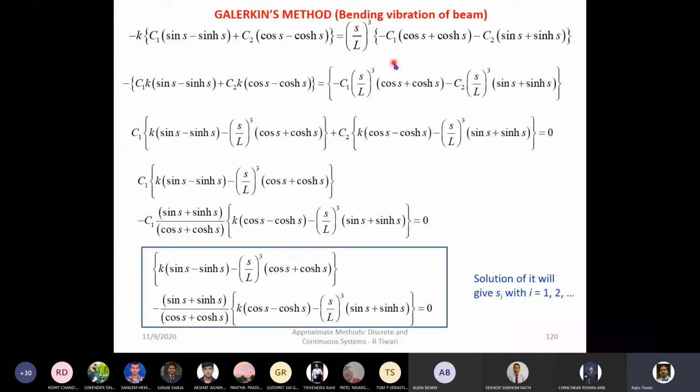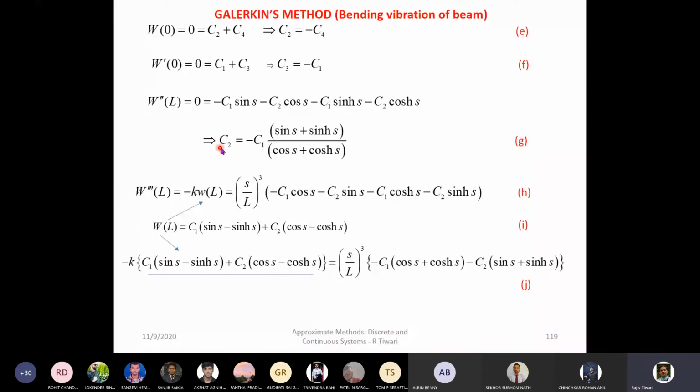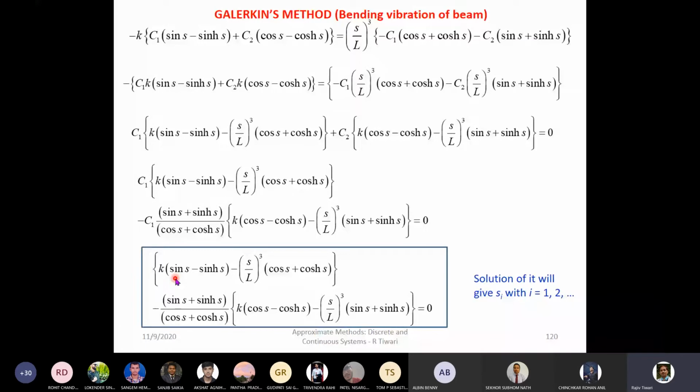You can see if we substitute C2 here, the whole expression will be in terms of C1, and that will be common also. So C1 will come out of all the terms. So you can see C1 is common. C1 cannot be 0, so this whole term will be 0. So this is the equation.